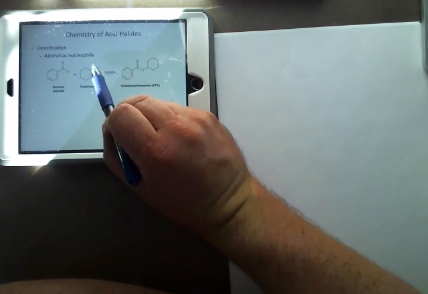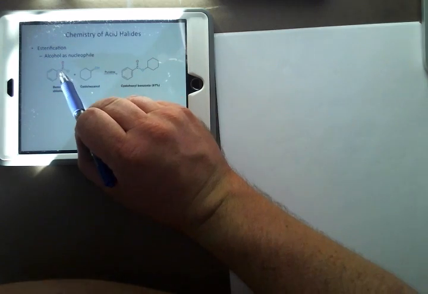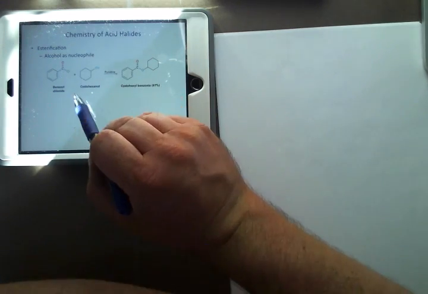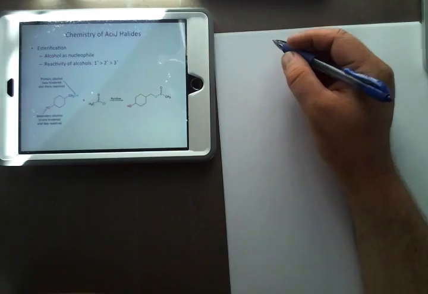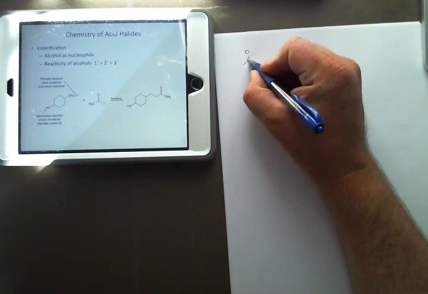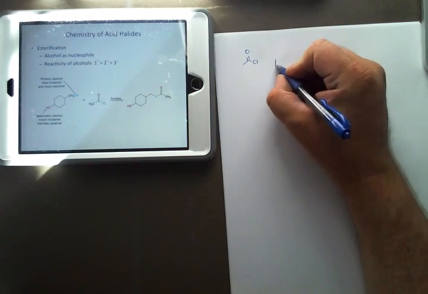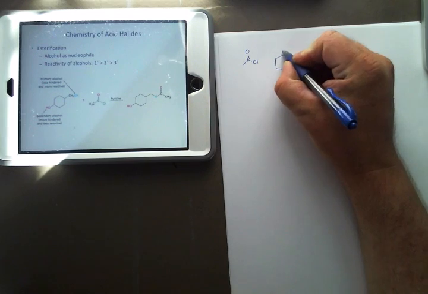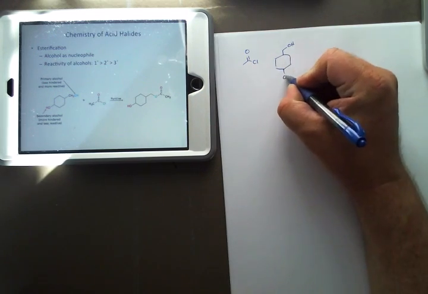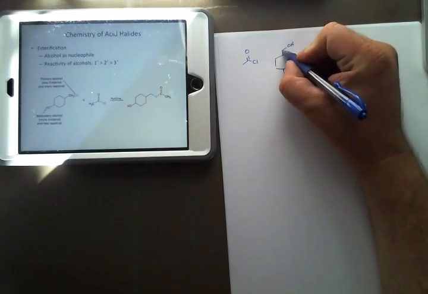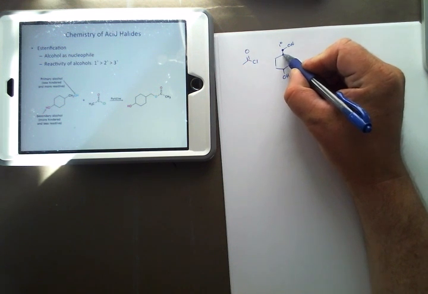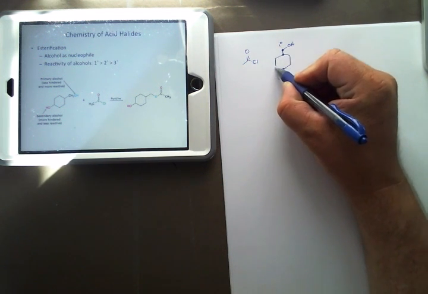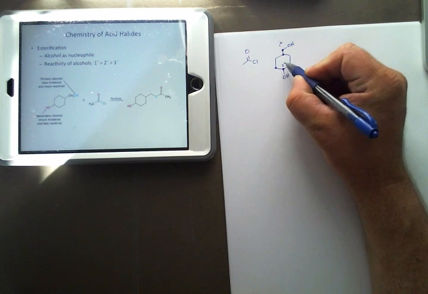Esterification: you just take the alcohol, the thing with the lone pairs, that's going to attack. Up, down, kick away. So you leave the alcohol. Now you can get some selectivity. If you have this versus this, notice how this one's a primary alcohol because it only has one carbon attached to it, but this carbon here has two carbons attached to it.